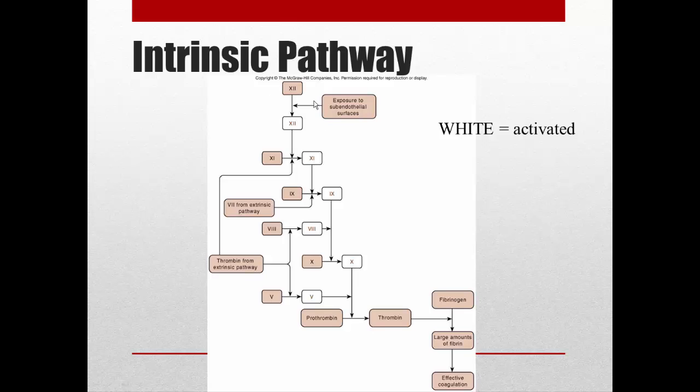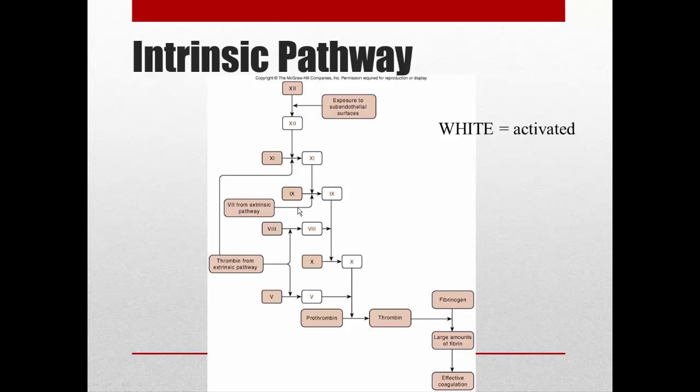So again, 12 becomes activated because of exposure to the subendothelial cells, the negative surface of the platelets, or the negative surface of the glass. 12 in turn activates 11, 11 activates 9, 9 activates 10. And just keep in mind that thrombin and 7 from the extrinsic pathway will come in and also get this intrinsic pathway going.